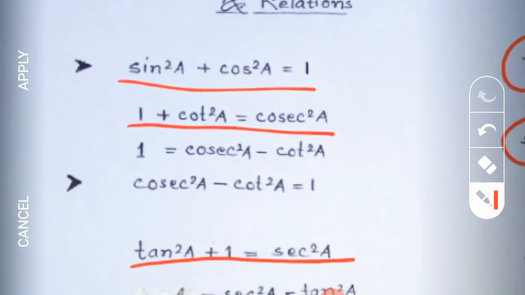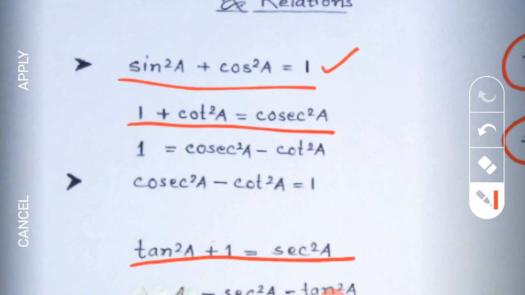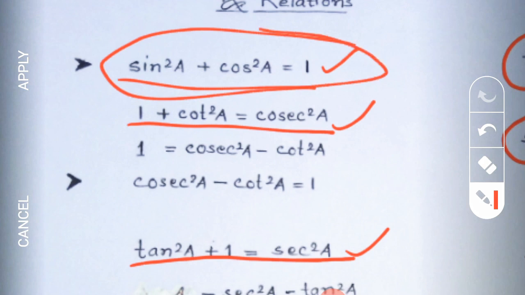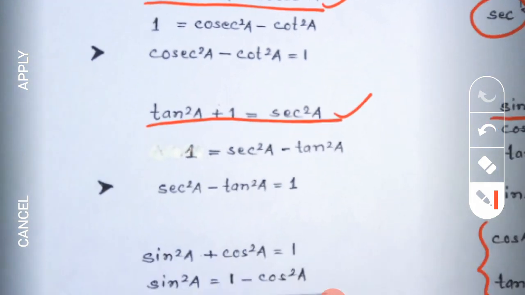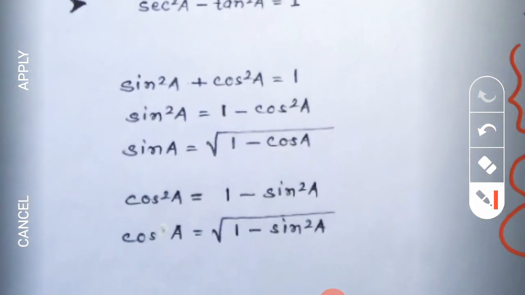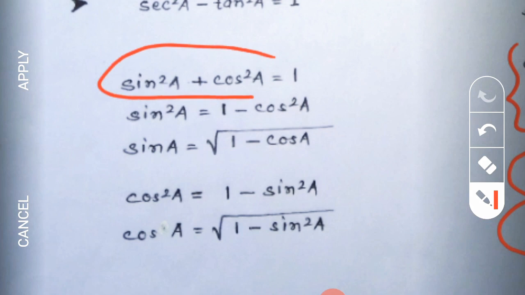And from these 3 identities, we can derive the value of, see, from this identity you can derive the value of sin a. How? Just by transferring cos square a to this side. So sin square a value will become 1 minus cos square a. So here, see, I already derived, this is the main identity, and from this identity we obtain the value of sin a.